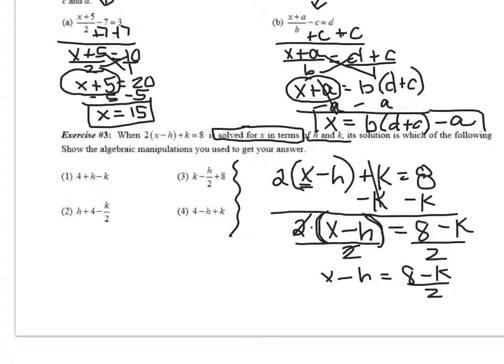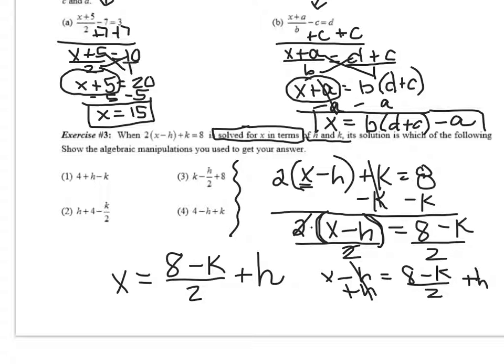So we're almost there. X is almost by itself. It still has a minus h stuck to it, so we're going to add h to both sides. These h's cancel. You're left with x equals 8 minus k over 2 plus h.